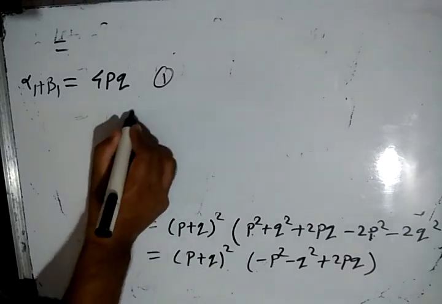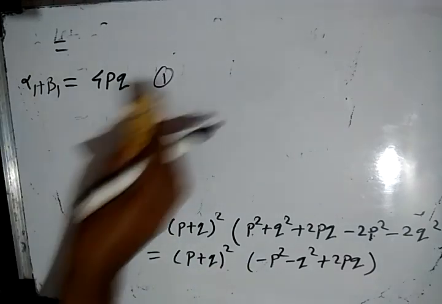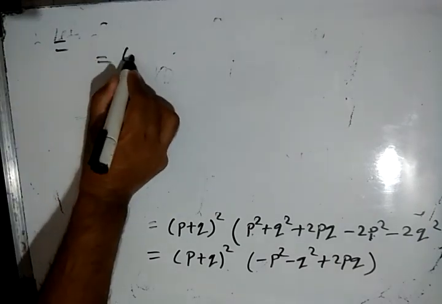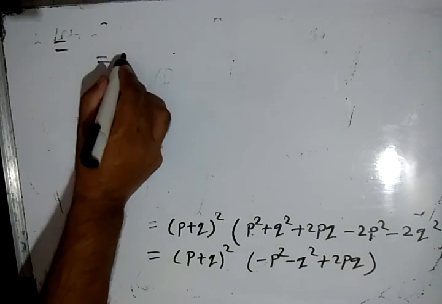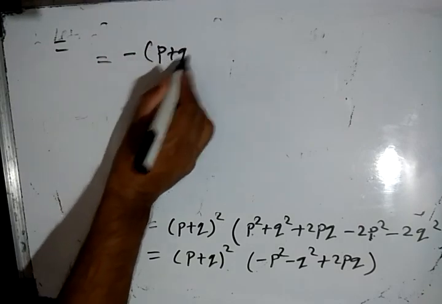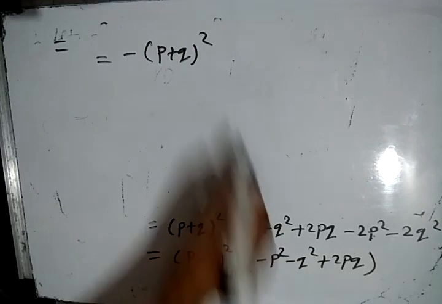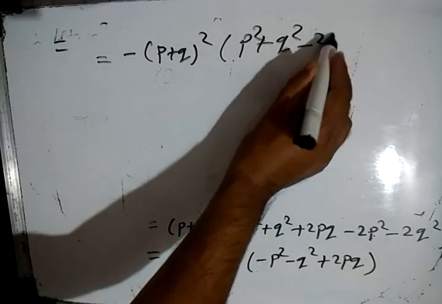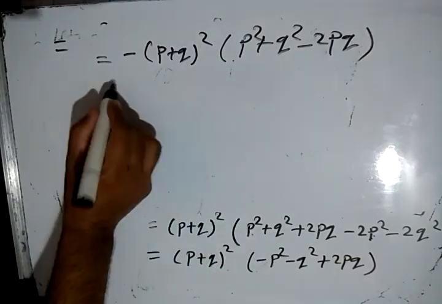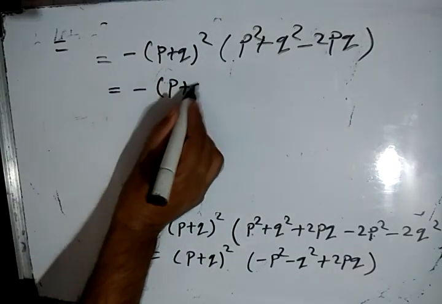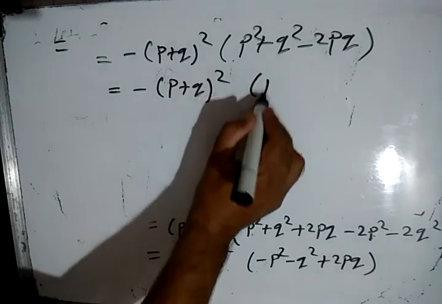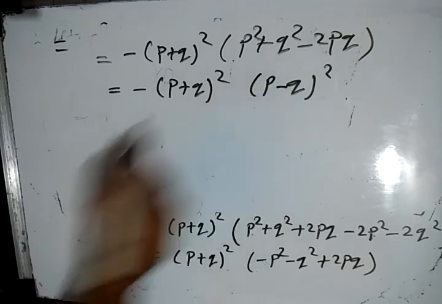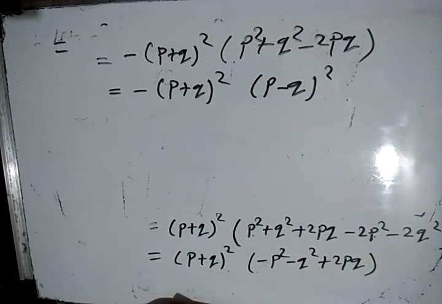Here we can write minus as it is p plus q whole square. Then here we get p square plus q square minus 2pq. And this is the expansion of p minus q whole square. This is the expansion of p minus q whole square.